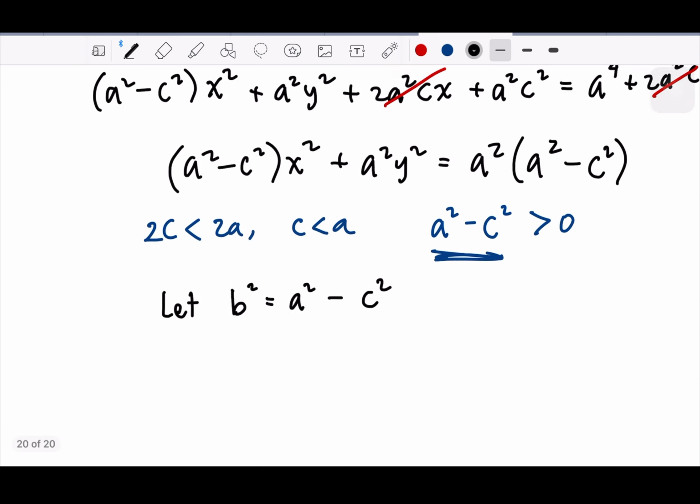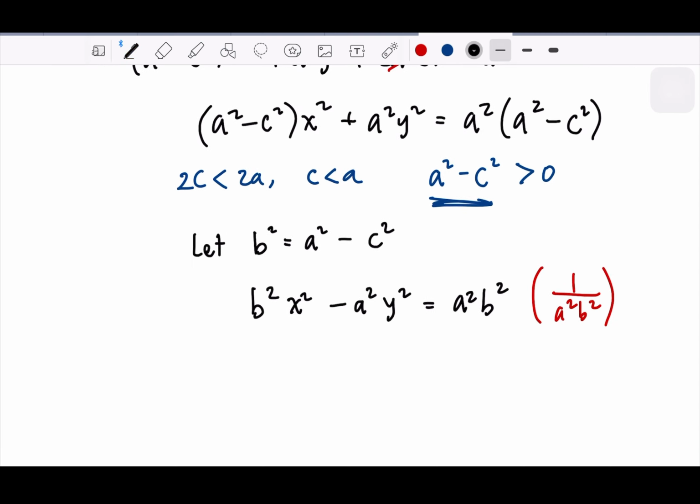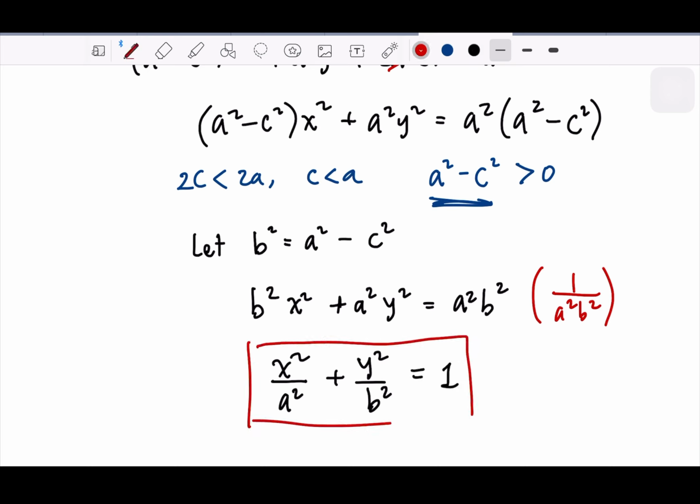And then we can rewrite our equations and divide by a squared b squared, and then we have our general equation for all ellipses that has a form like this, right? Because there are at least two kinds of ellipse, right?